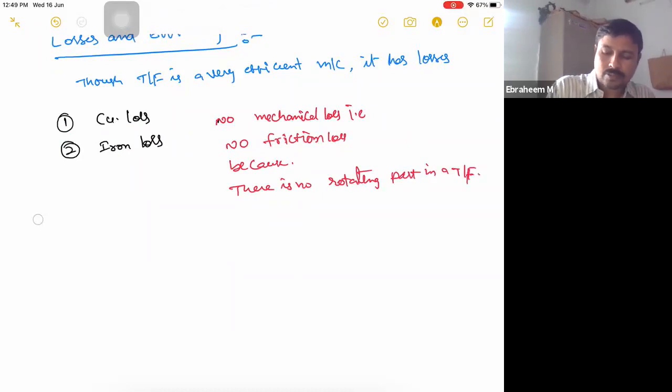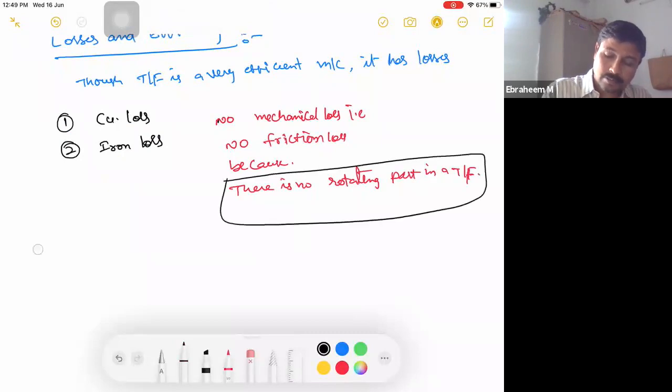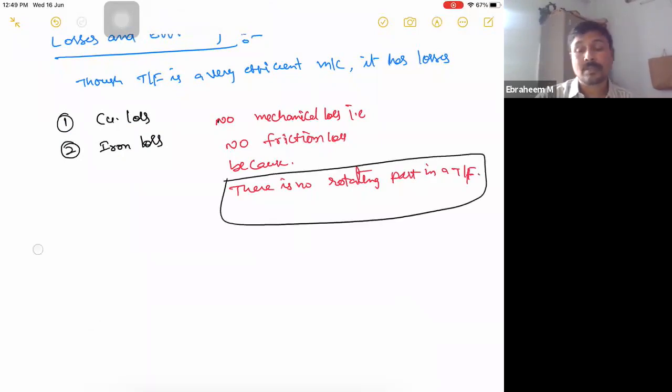A transformer has no rotating part, only two coils. So you will have copper loss and iron loss only.